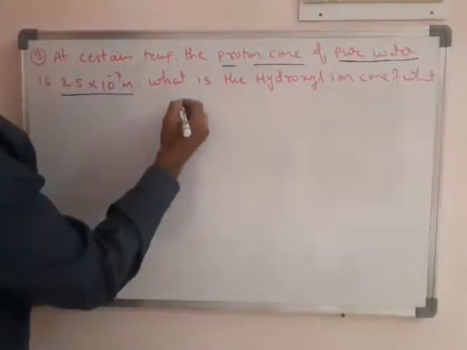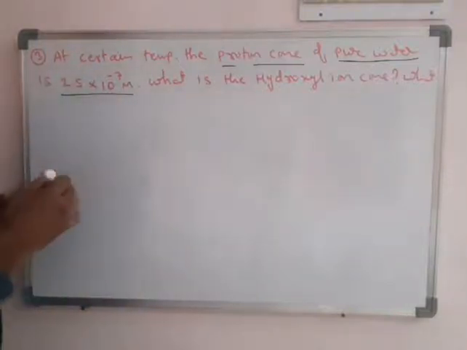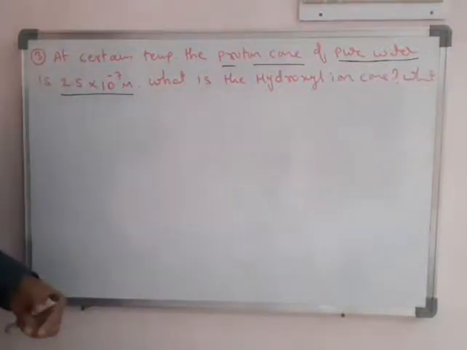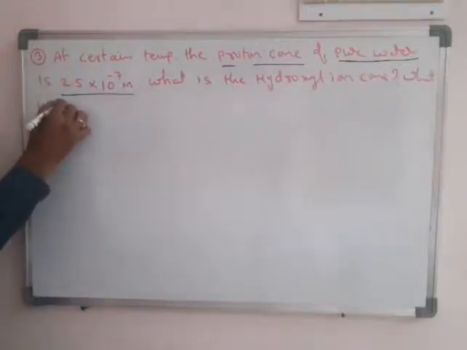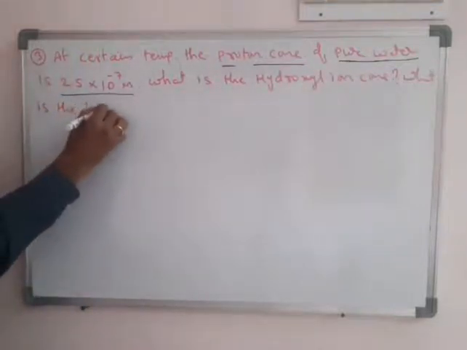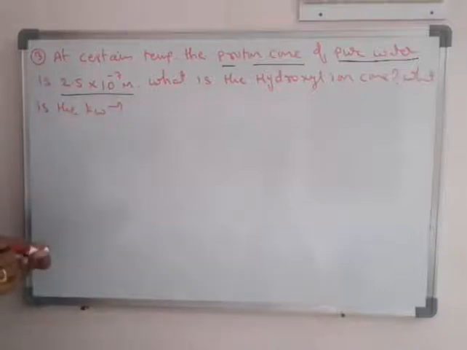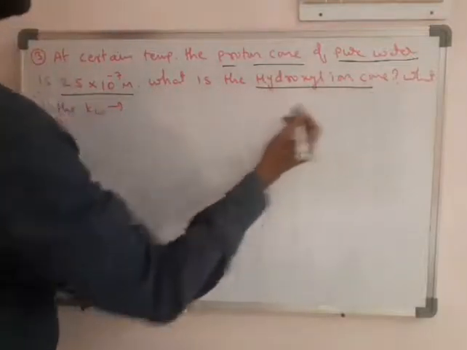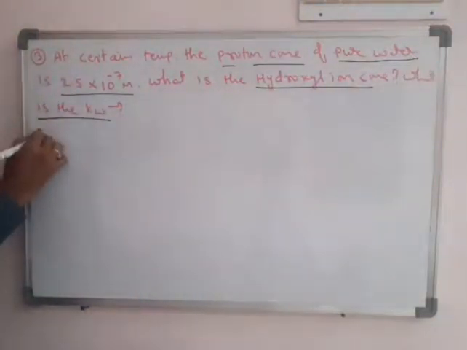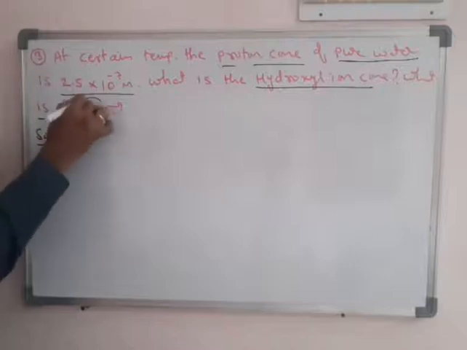What is the hydroxyl ion concentration? The value of Kw is also not given in the question, so we have to find what is the hydroxyl ion concentration and also what is the value of Kw.